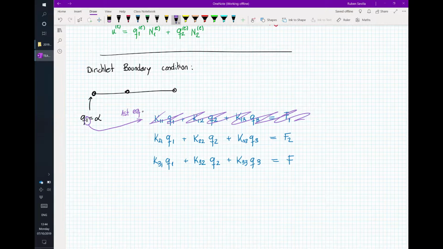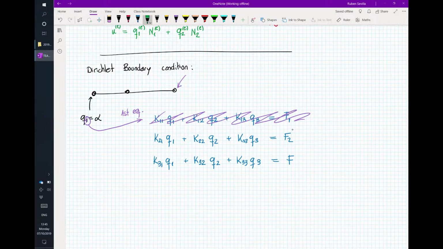I cannot have 3 unknowns. I cannot have a 3 by 3 system if really one of the unknowns, Q1, is not unknown as such. I have one less. So I need to get rid of one equation. Which one do we get rid of? The equation associated to the node where you actually have the data. If your data was given at the 3rd node, you would get rid of the 3rd equation. Okay? That's the first thing you do.